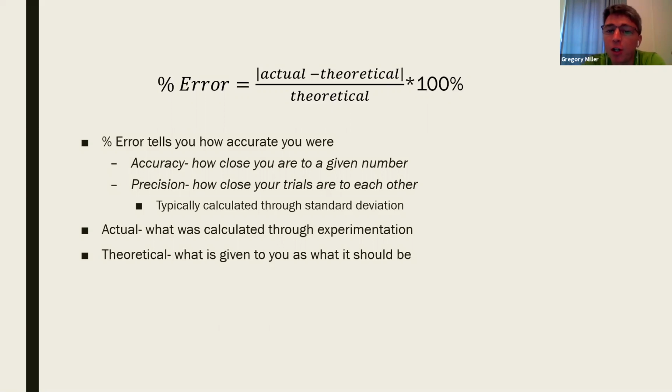Percent error is going to measure our accuracy. You can calculate precision through standard deviation. We will not have you guys do that. It is complicated unless you're having Excel or something calculate it for you. But you should be able to look at your trials and say, yeah, those are somewhat close. And again, somewhat being our 20% threshold that we've mentioned throughout the course.